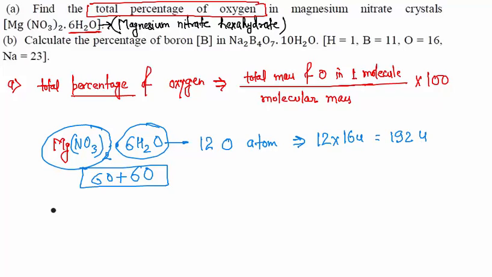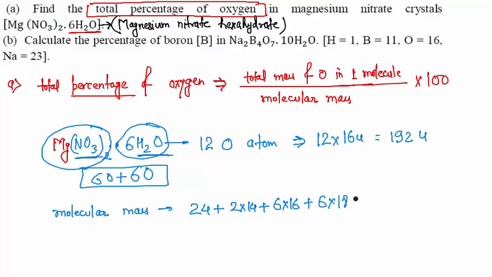Okay, now see the molecular mass. How to find the molecular mass? Add the mass of each and every atom in this compound. Magnesium is 24. Then 2 nitrogen, so 2 into 14, plus 6 oxygen in this NO3, so 6 into 16, and plus 6 water, and each water has mass 18.